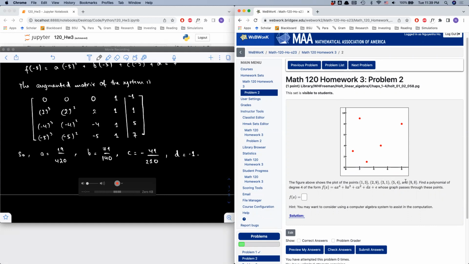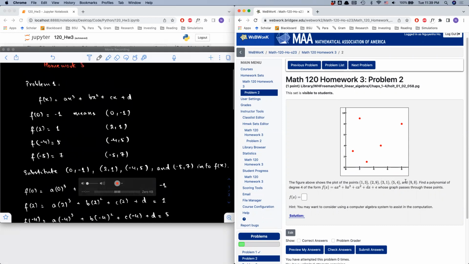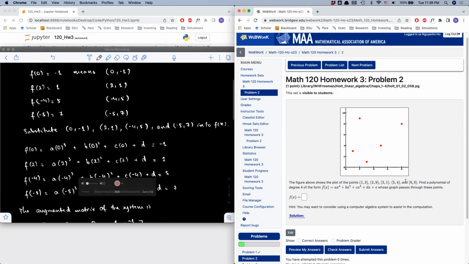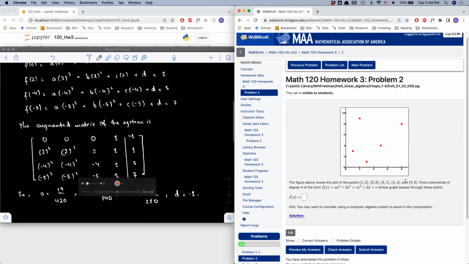You're going to go through the process just like we did in problem 1, come up with the system of linear equations, transform that into an augmented matrix, and then input the augmented matrix into Python and let Python do the calculation for you. That is the intention for this exercise.